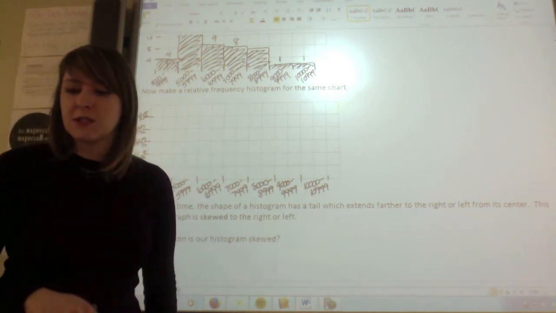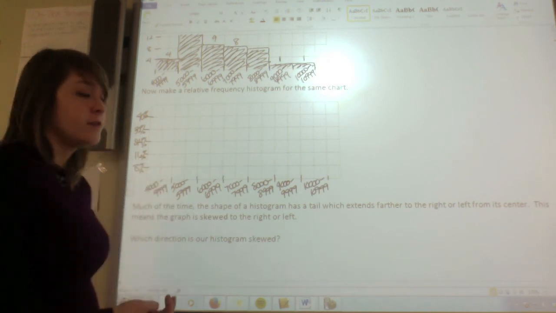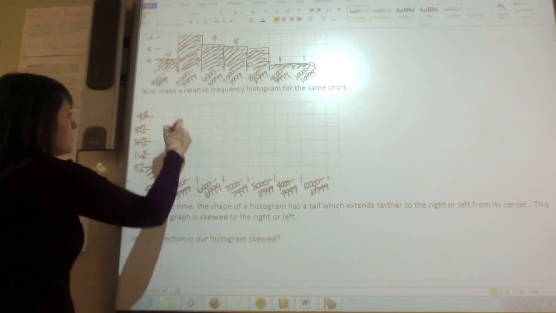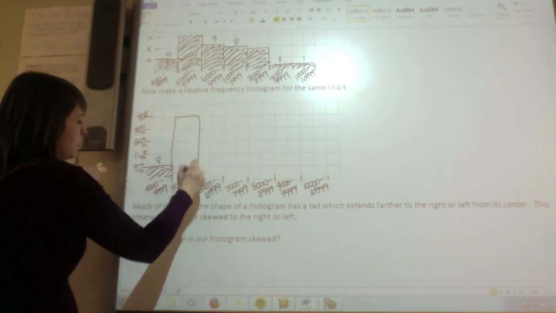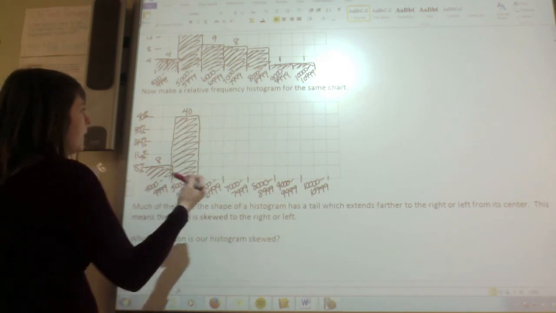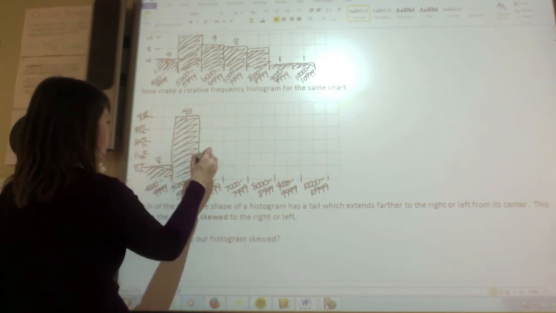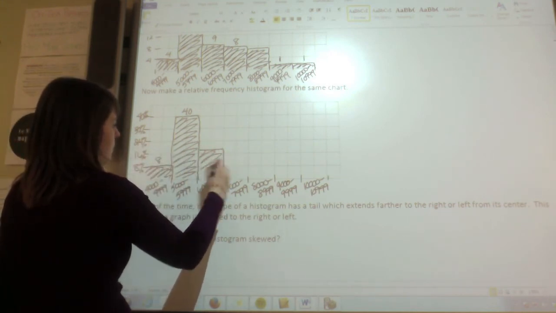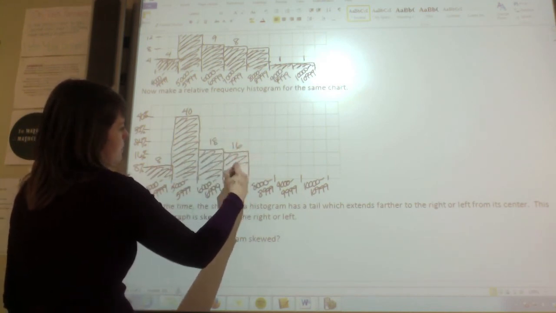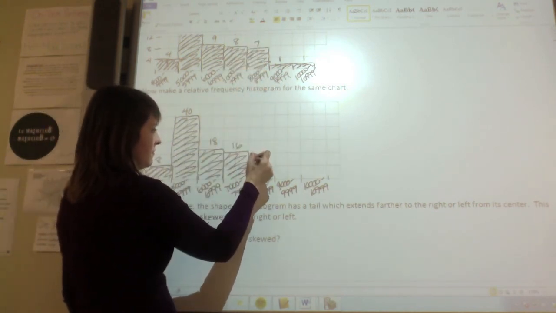Okay, so now I have my percentages labeled. I'm just going to convert those frequencies that I had before into percentages. So 4 out of 50, that's 8%. 20 out of 50 is 40%. 9 out of 50, that gives me 18%. 8 out of 50, that's 16%. 7 out of 50 is 14%.